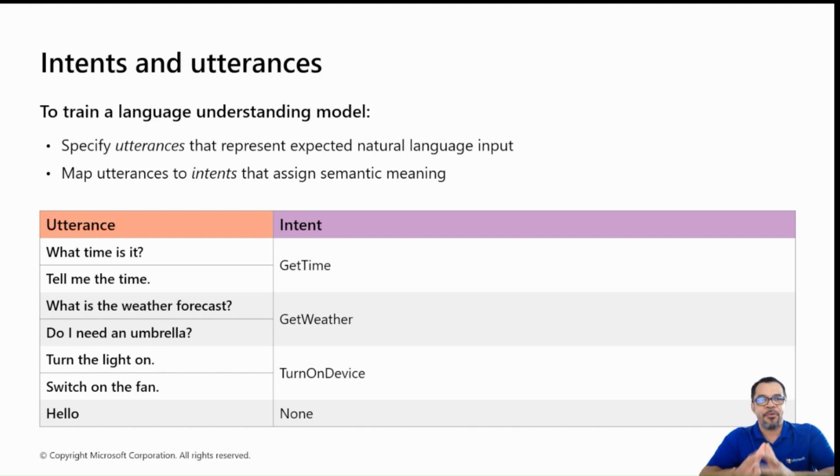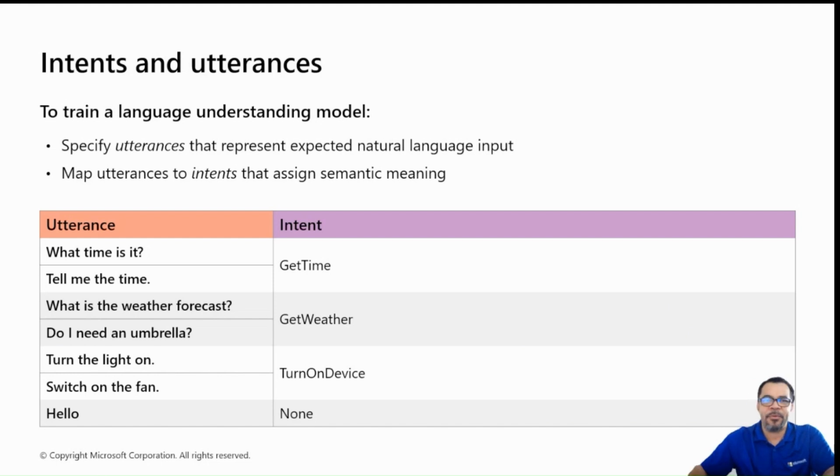An utterance is basically a question of some sort, or some type of statement that is made by a human, generally through natural conversation. But we take that utterance and we need to convert that into something that the system can then use to define an answer. That utterance is tied to what we call an intent.